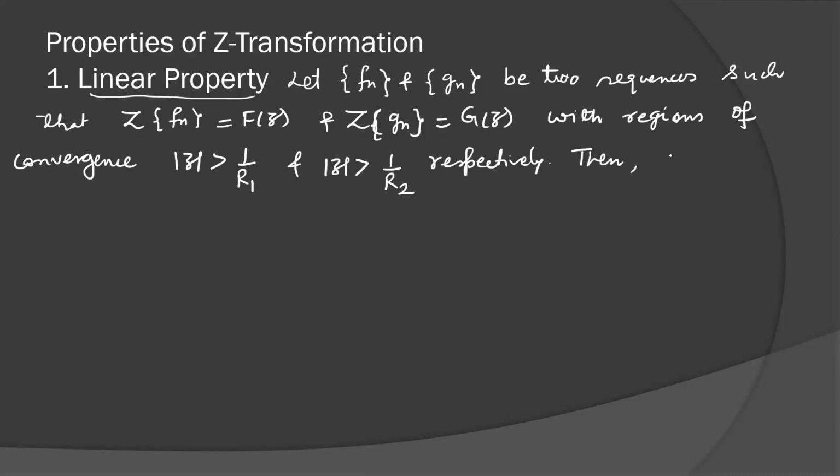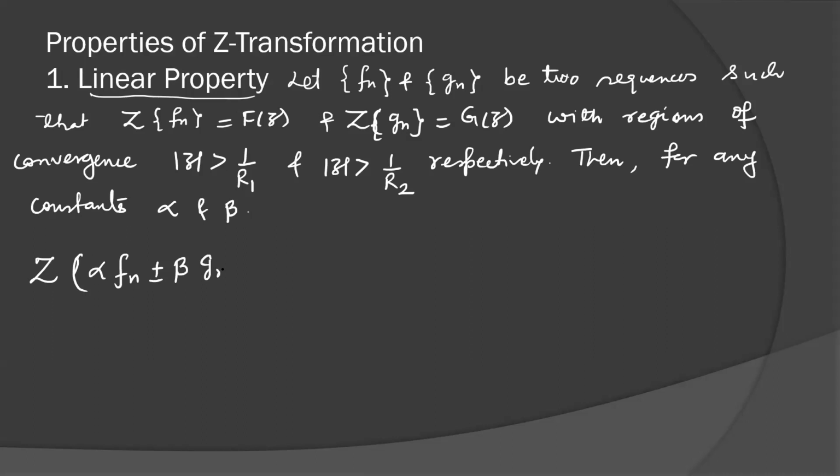Then for any constants alpha and beta, Z transformation of alpha Fn plus minus beta Gn, it will be again a sequence. Addition of two sequences is a sequence, again a new sequence, and if you multiply with some constant, it will become a sequence only.